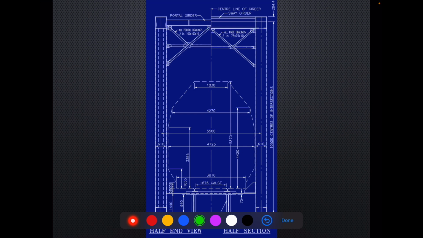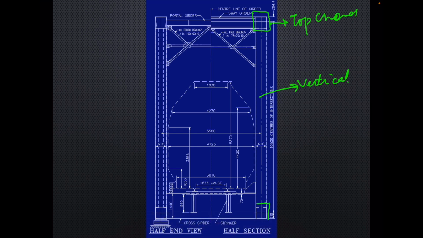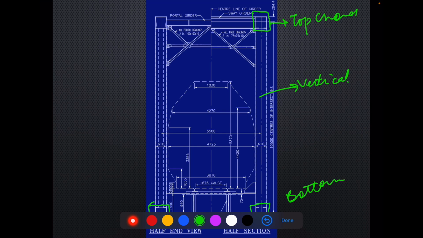Then we can see that this is the top chord. Then this may be a vertical, and here at both sides these are the bottom chord members.